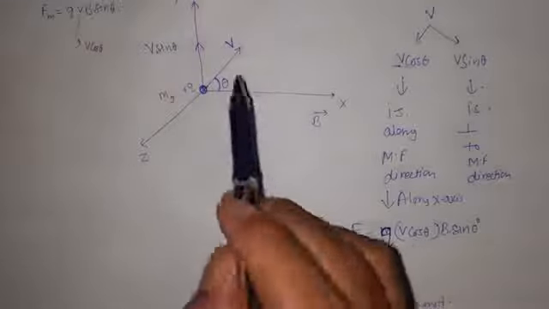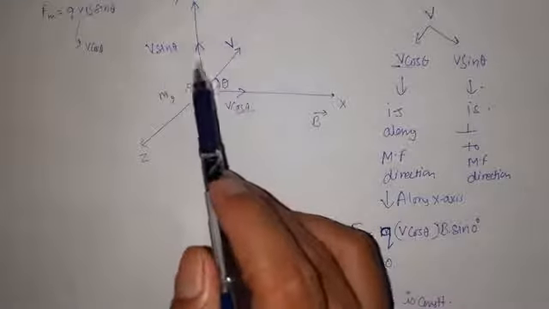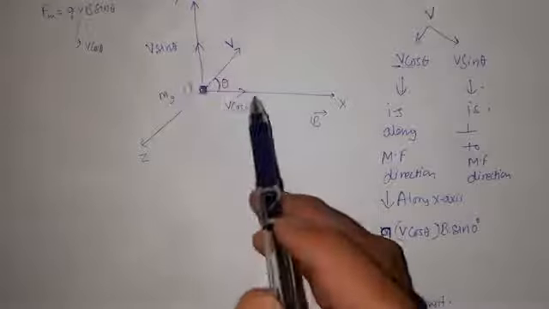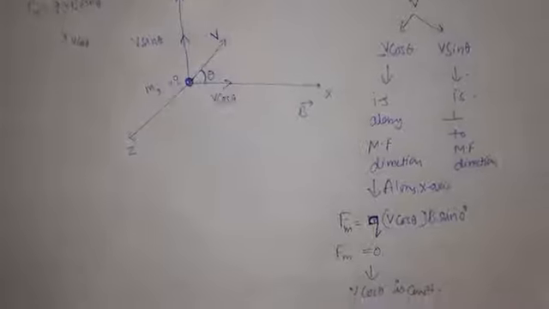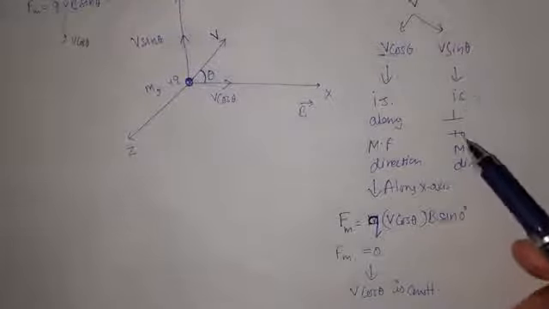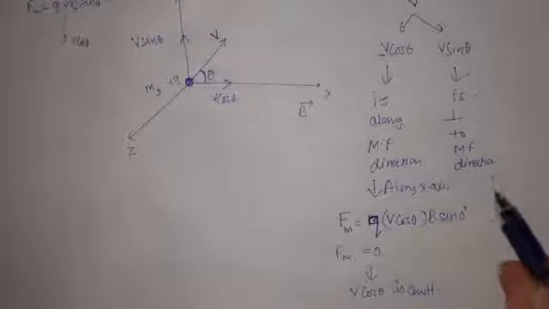But for the vertical component, how much force is going to be exerted? Is there any force due to this component? This vertical component is perpendicular to the magnetic field.